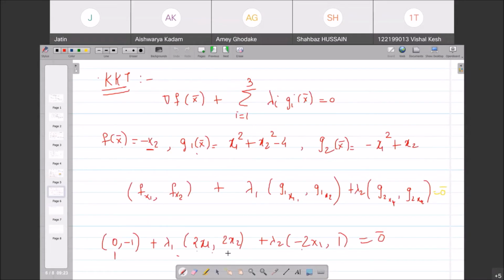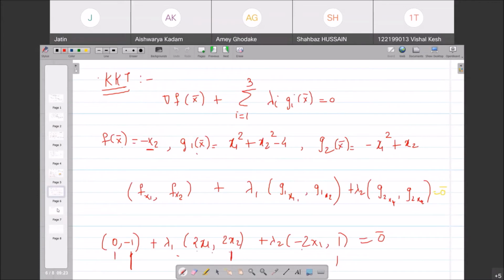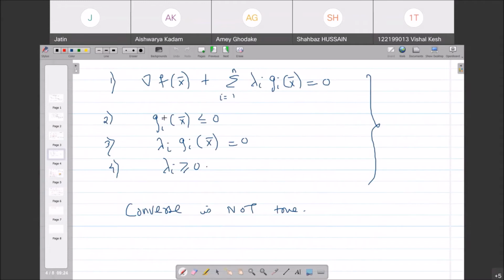Your second component will give you minus 1 plus 2 lambda 1 x2 plus lambda 2, equal to 0. Let me call this equation 1 and this equation 2. So I get 2 equations from the first KKT condition.